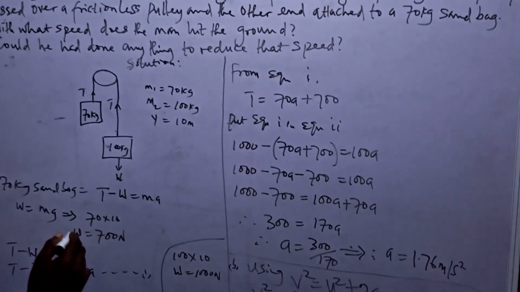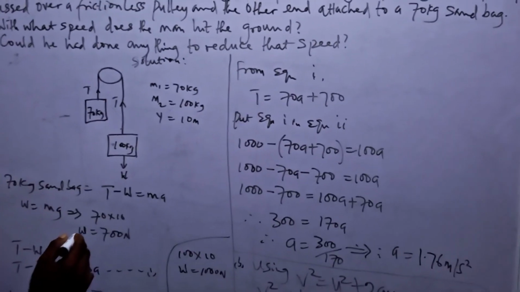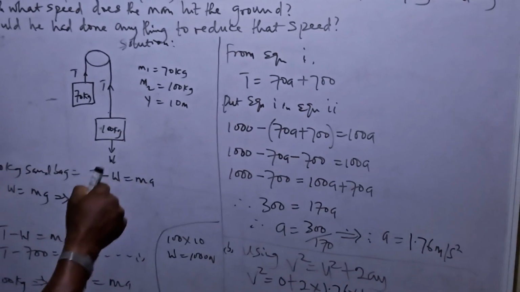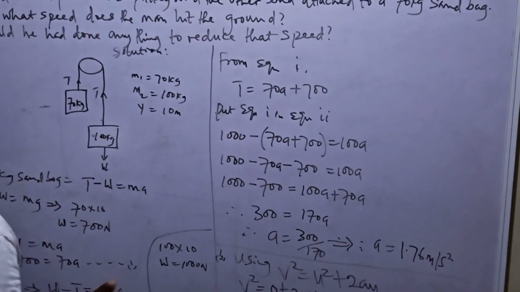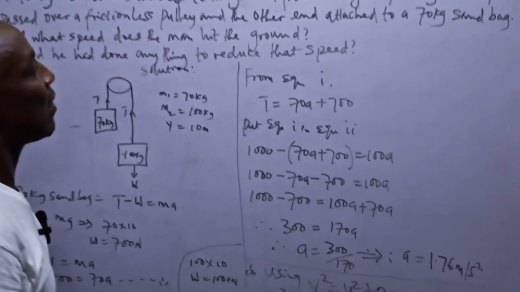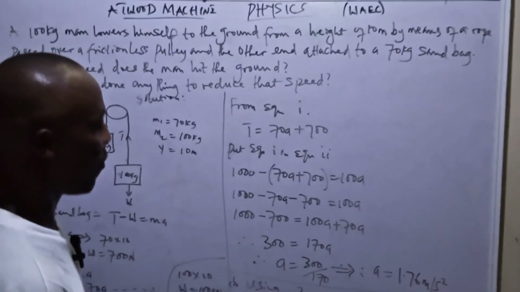So the speed with which he fell came with much pressure, and probably the man might injure himself. So that is the simple answer to the complex question.